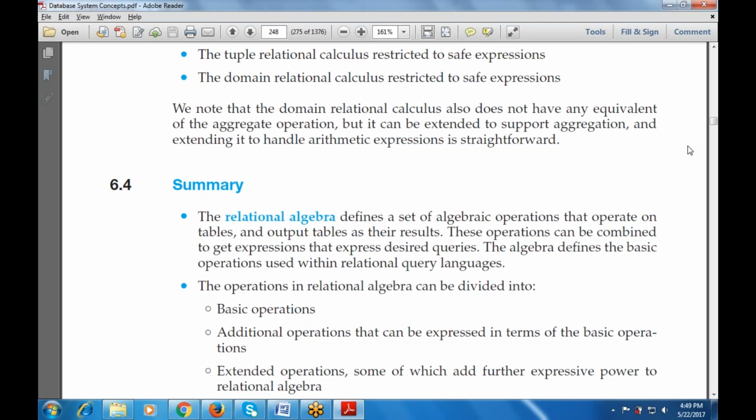These expressions can be combined with a positive or negative approach to express the desired queries. The algebra defines the basic operations used within the relational query language, which is its main aim.